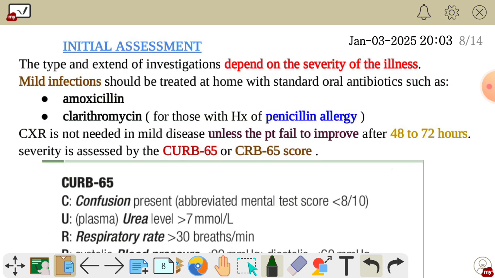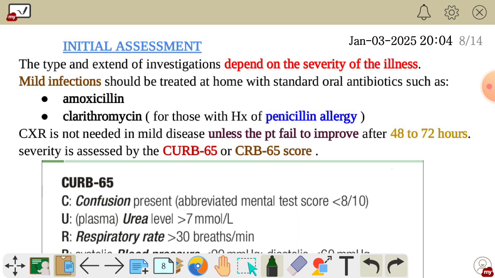So for community-acquired pneumonia, the initial assessments or the investigations will depend on the severity of the illness. Okay, but for mild infections, we just treat the patient at home.